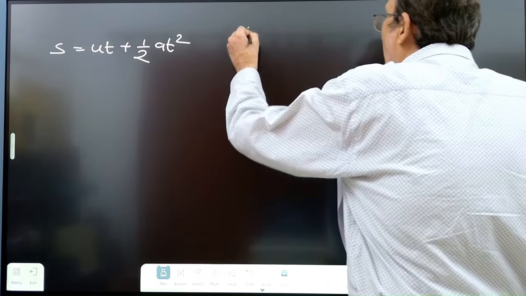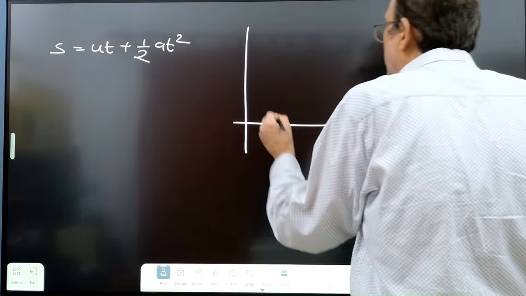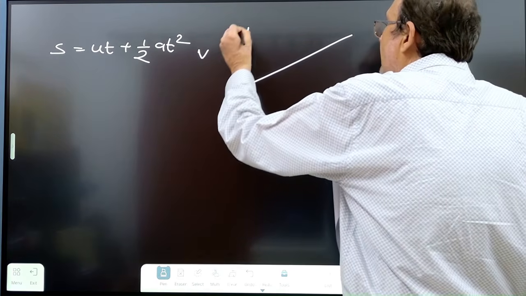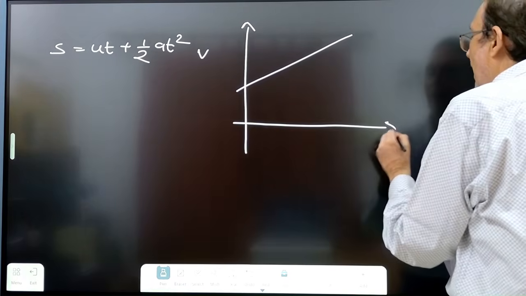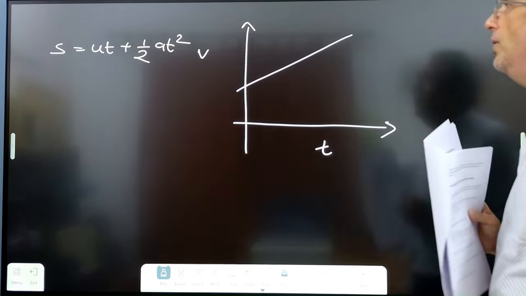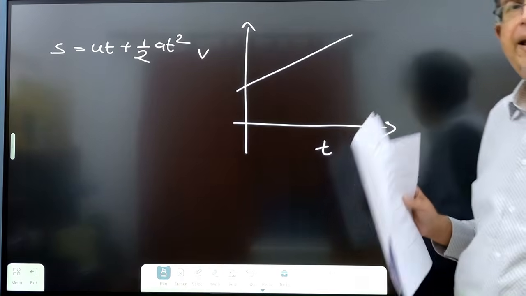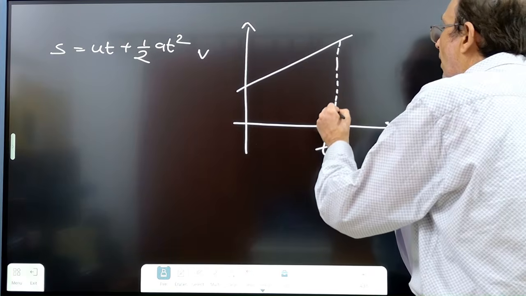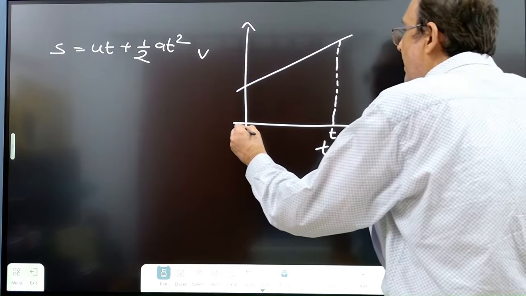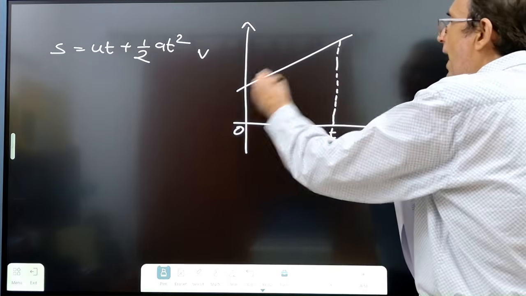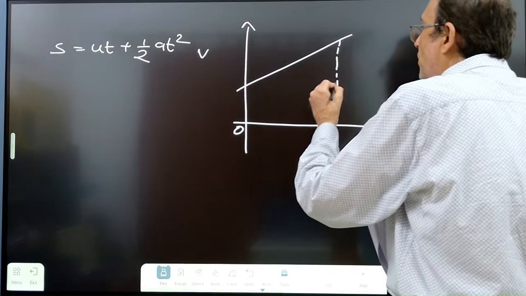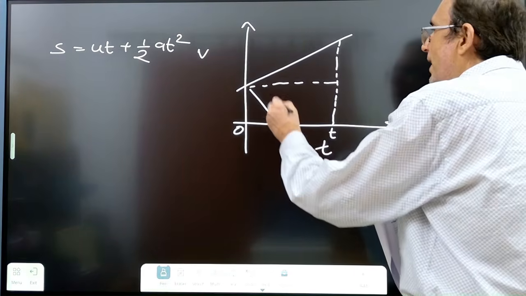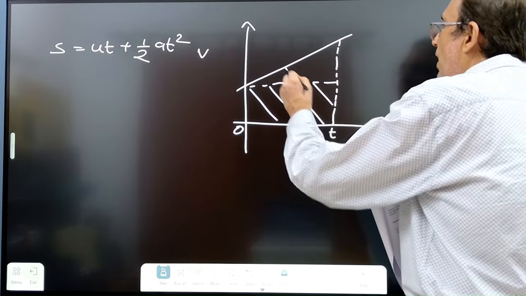So let us say you have a velocity time graph here. This is the velocity on the y axis, and you have the time on the x axis. So you know that displacement is the area under the velocity time graph. So let us say this is the time t and this is at time 0. So the area would be the area of this quadrilateral, which is basically the area of this rectangle plus the area of this triangle.